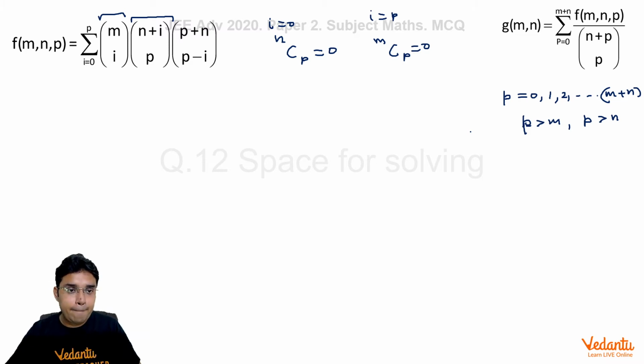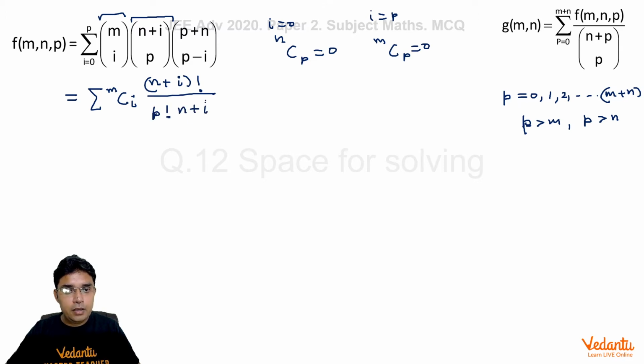This will be equal to sigma of mCi. I am now expanding them: n plus i factorial upon p factorial into n plus i minus p factorial, into another one would be p plus n factorial upon p minus i factorial into n plus i factorial.